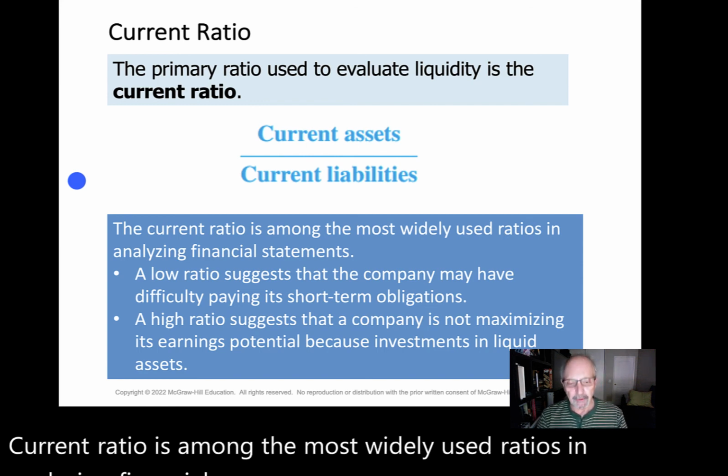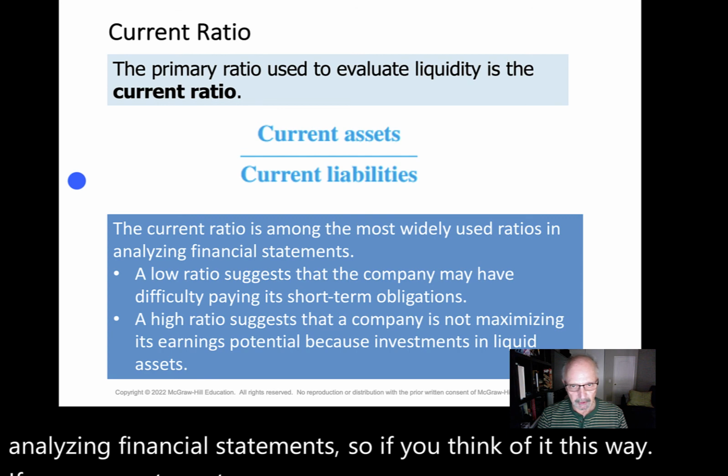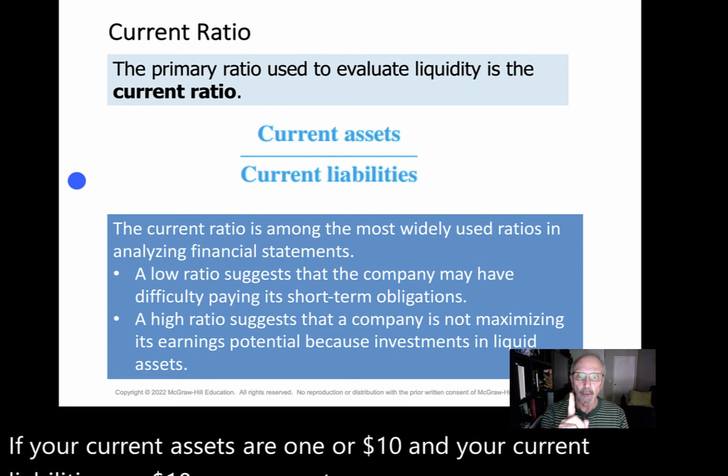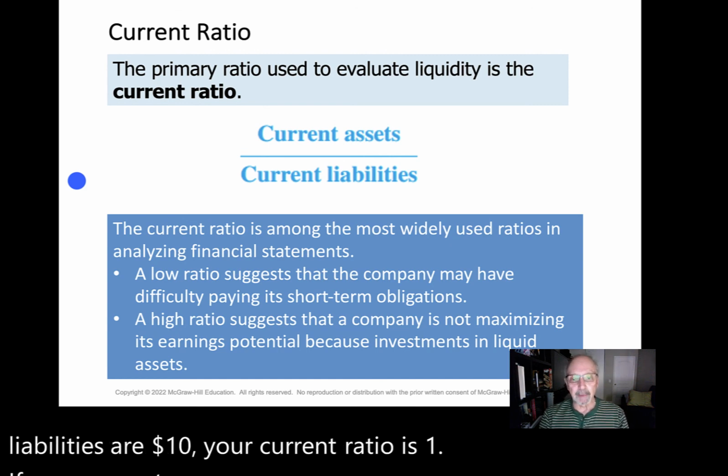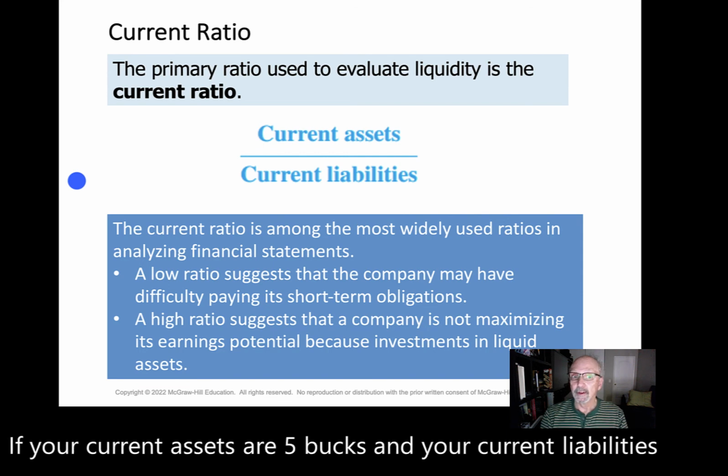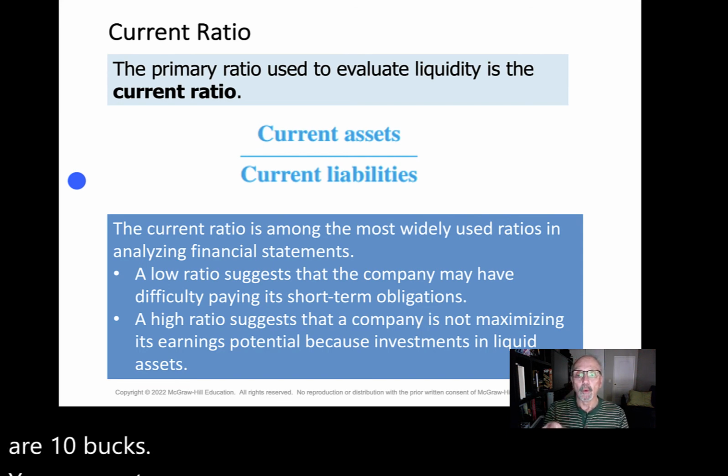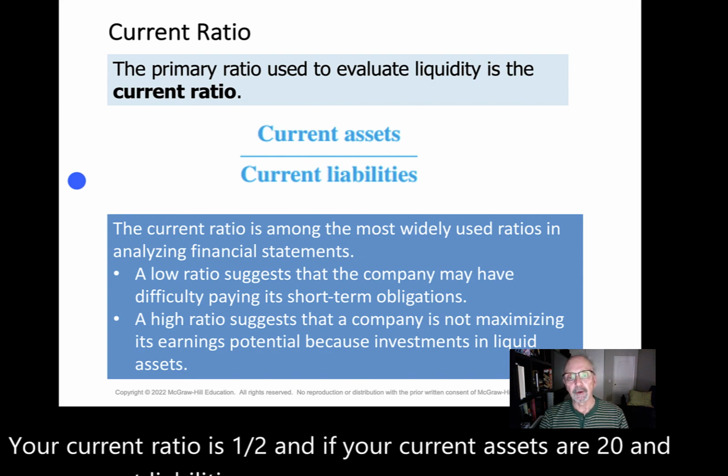So if you think of it this way, if your current assets are $10 and your current liabilities are $10, your current ratio is 1. If your current assets are $5 and your current liabilities are $10, your current ratio is 1/2. And if your current assets are 20 and your current liabilities are 10, your current ratio is 2.